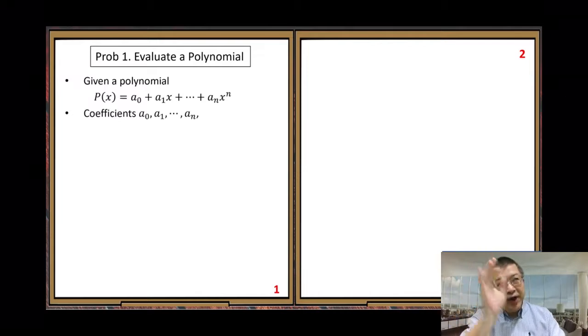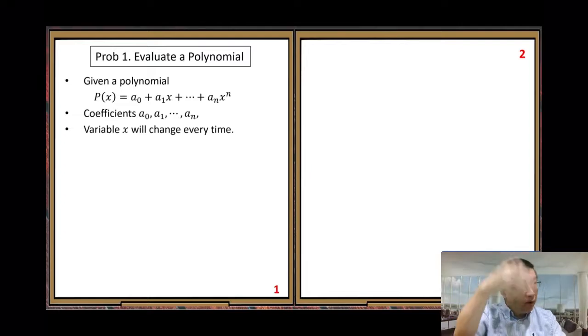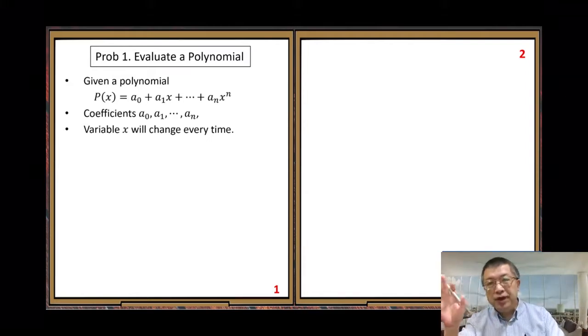So here for the coefficients, a0, a1 through an, usually when we select coefficients, given an array of coefficients, then we fix the coefficients. Then we change the variable, so we can change the values for the variable to different values.